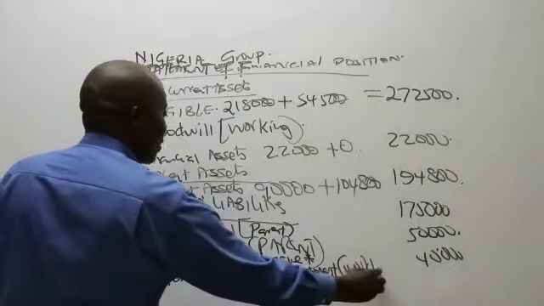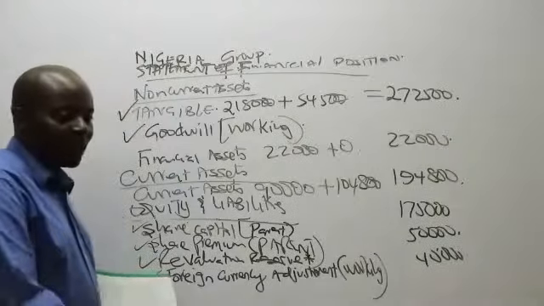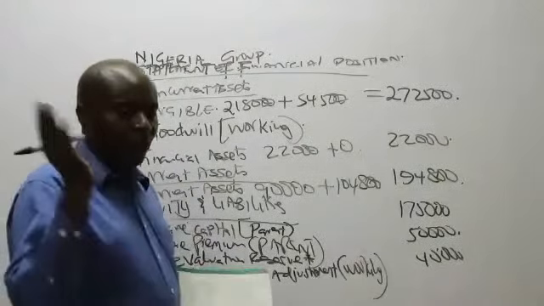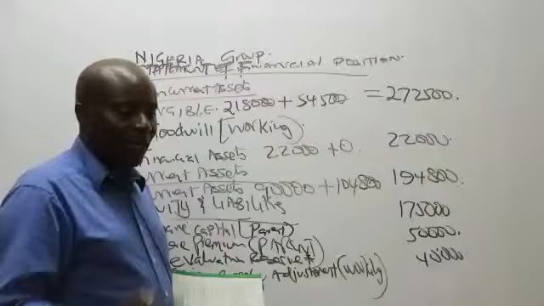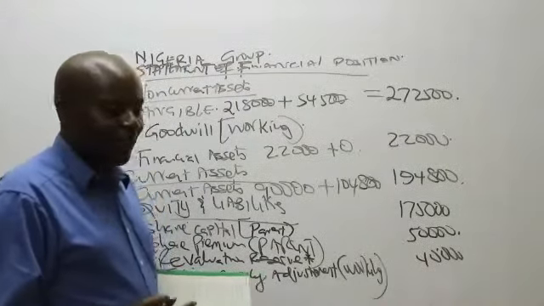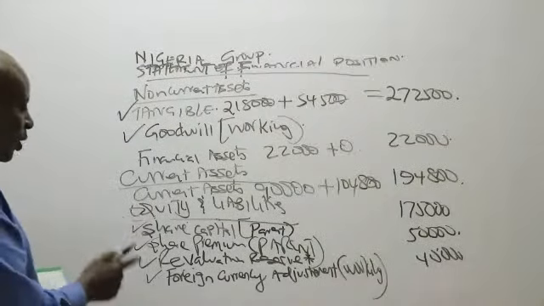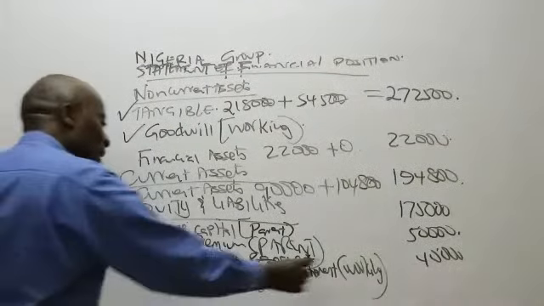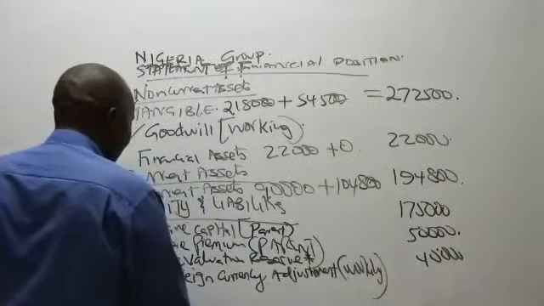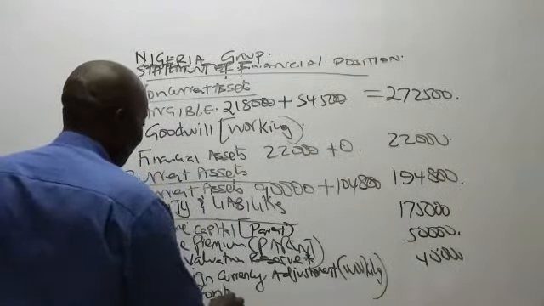At times, I'll just write working like that, and then ask my examiner to go and do it later himself. I don't want that mark. I don't want an award, because at times some of these workings will really drain you. So after the foreign currency adjustment, I'll just leave it like that. I'll come and write the non-controlling interest.